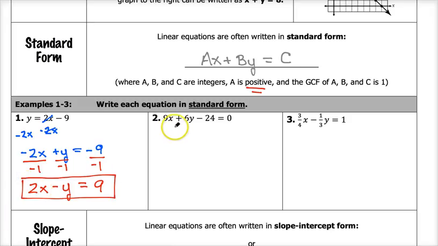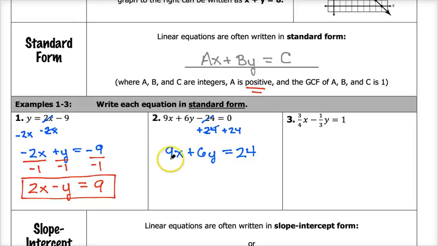Okay, number 2, 9x plus 6y minus 24 equals 0. X and y are both on the same side, so that's good. The minus 24, we need to move to the other side of the equal sign, so we'll add 24 to both sides. That gives us 9x plus 6y equals 24.